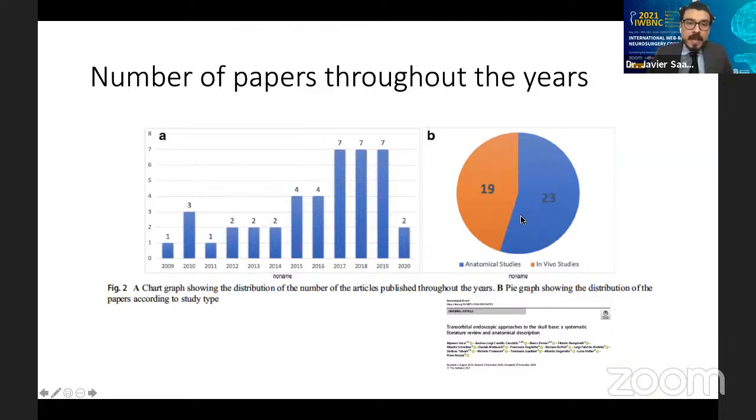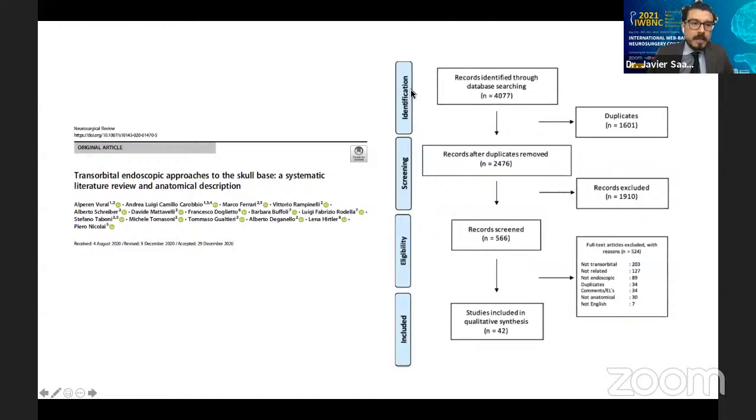That means that the anatomy is not totally developed on this technique. This is a systematic literature review published this year by Dr. Burol and his group, and he found 42 studies included in this systematic review. And all these studies even included more than 500 patients.